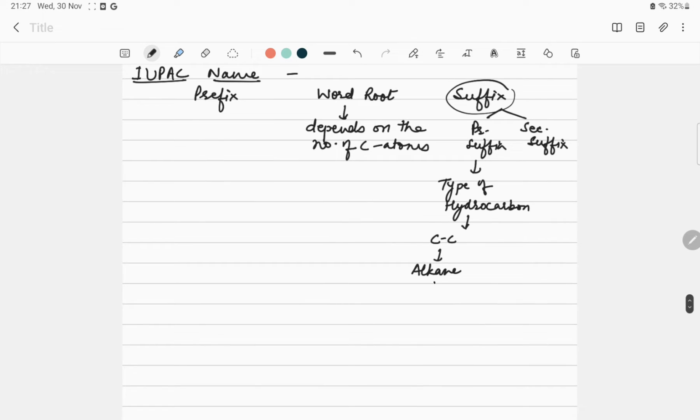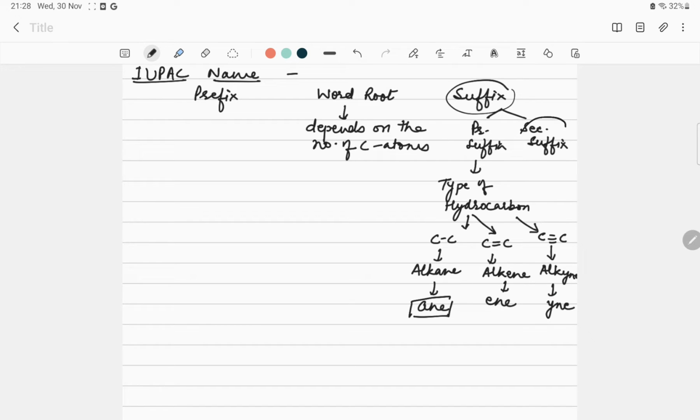That's why the primary suffix for single bonded carbon-carbon compounds should be ane. But if there is a carbon-carbon double bond, then it is going to be an alkene, and that's why the suffix will change, it should be ene. Now, what if there is a carbon-carbon triple bond present? Then it's going to be an alkyne, and accordingly the suffix will be yne.